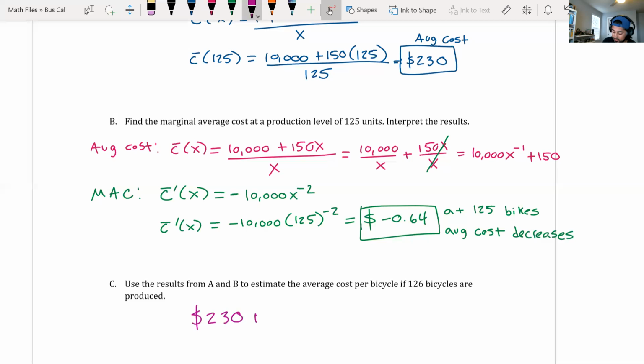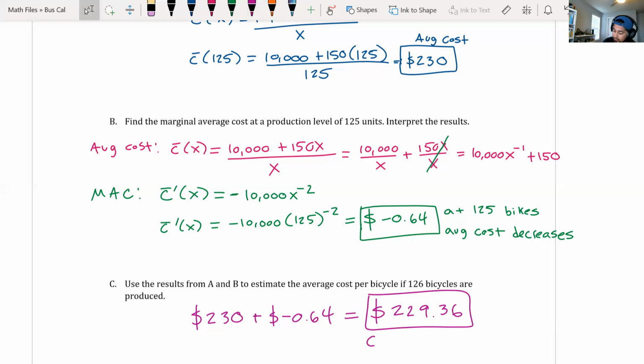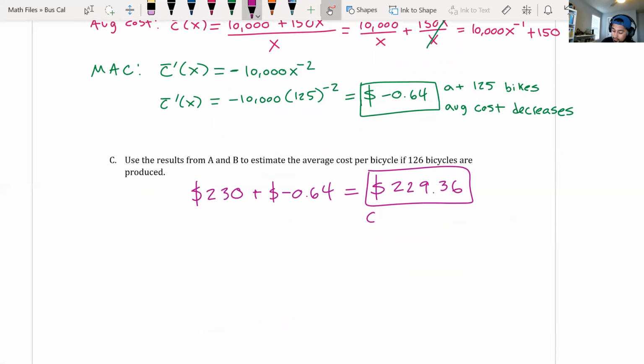So if we make 126 bicycles, what's going to be the cost of those? $229. That's it. Because you would add the negative 64 cents, because remember, if we keep producing bikes, the cost is going to keep going down. So you take your 230, you add it to your negative 64 cents, and the cost of the 126th bicycle will be $229 and 36 cents. And that's it. This is the average cost of 126 bicycles.